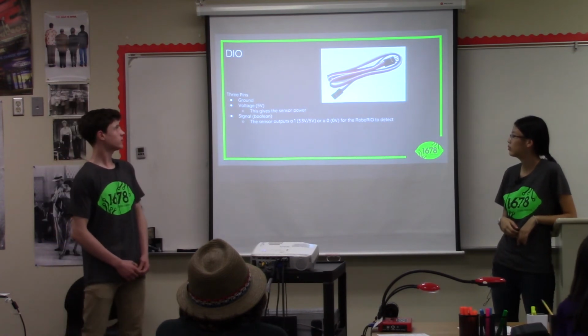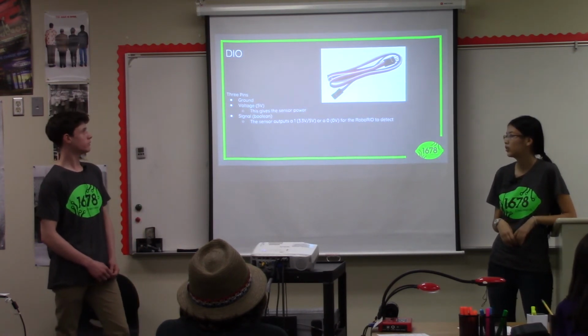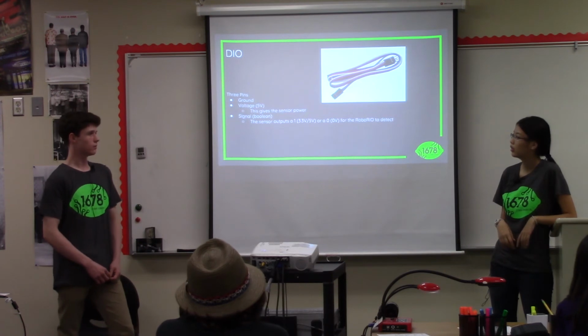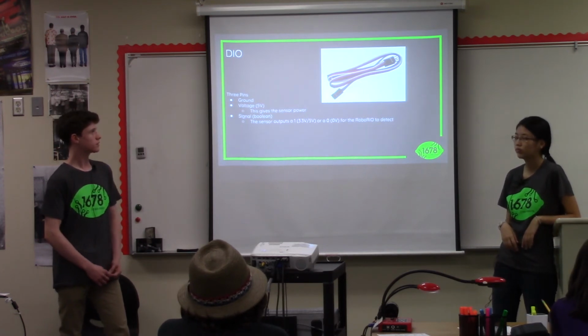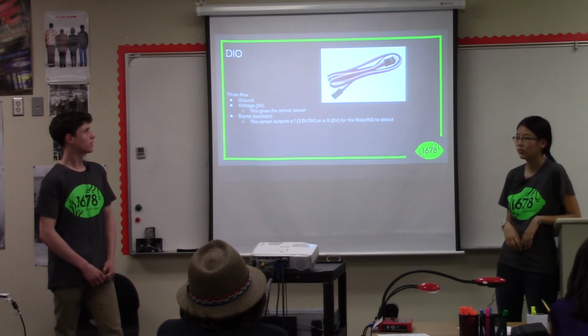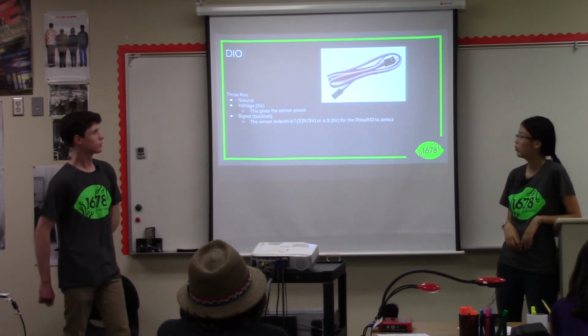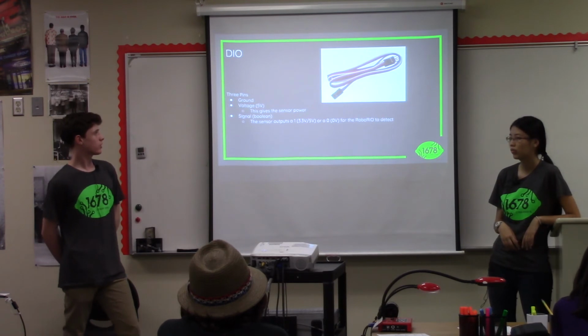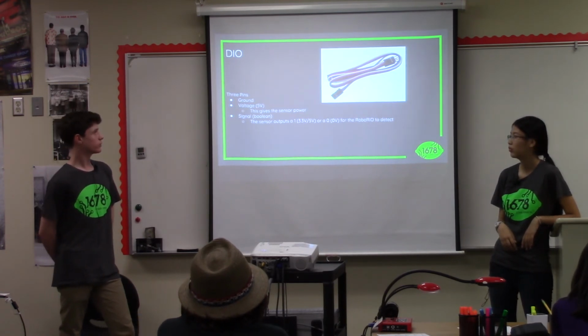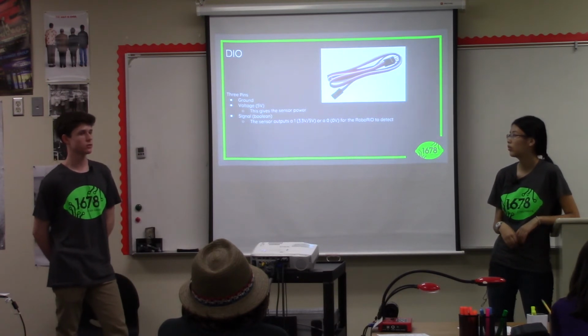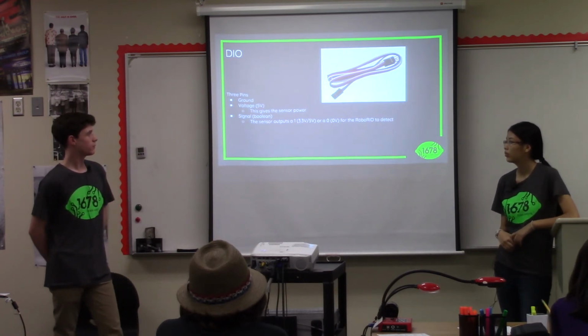So output from the roboRIO, one of them is the DIO, which is digital input output, and it has 3 pins, which you can see there's black, red, and white. Black is ground, red is voltage, and the roboRIO supplies 5 volts, and you would use this to give your sensor power.